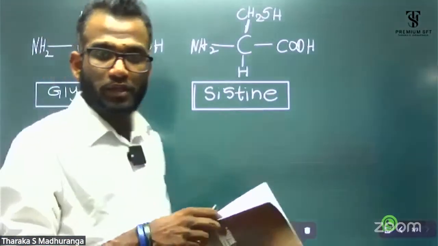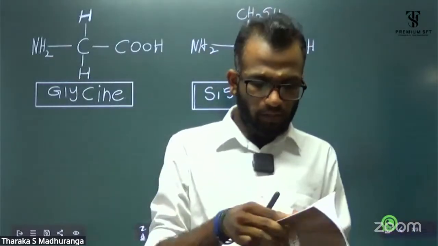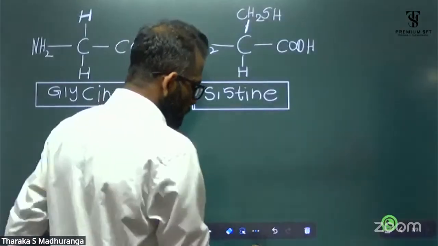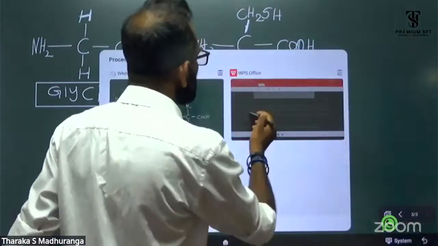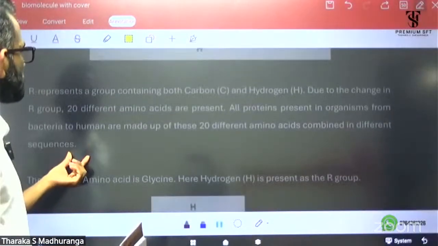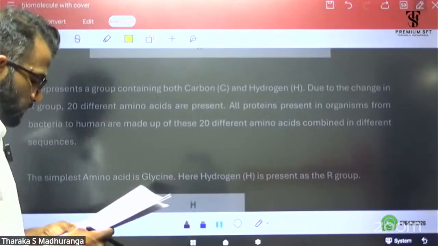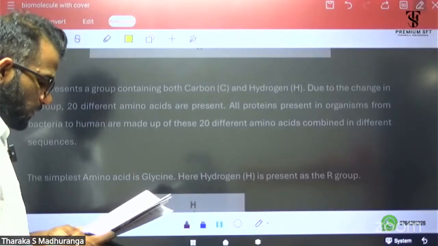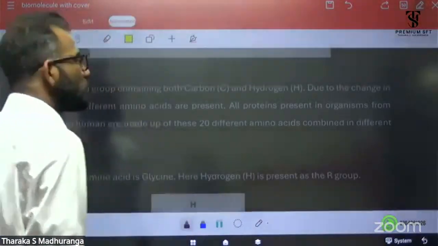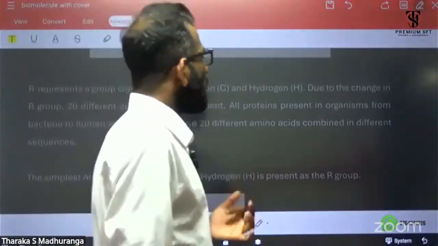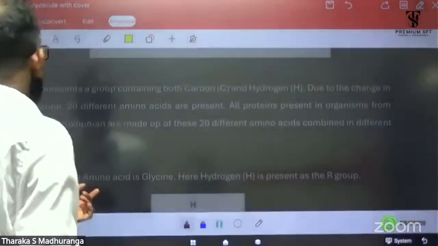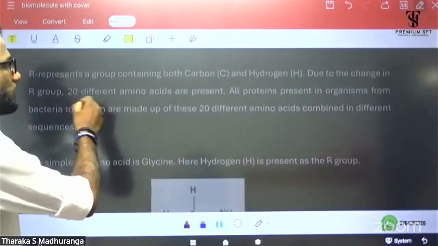Okay, go to page number 15. R represents a group containing both carbon and hydrogen. Due to the change in the R group, we get 20 different amino acids.